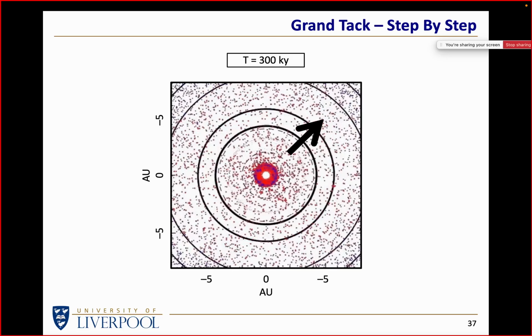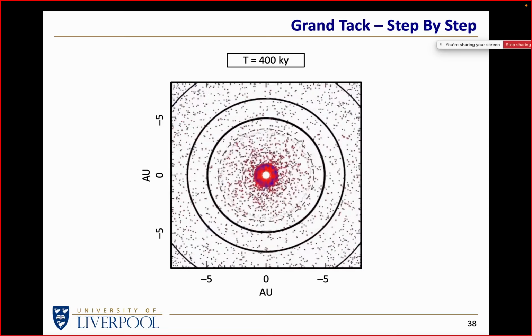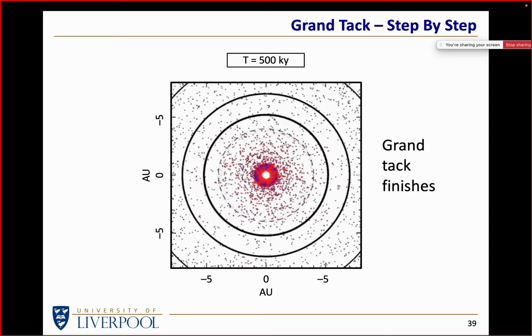And again, start scattering all of the rocks, all of the slightly wetter rocks as well as the dry rocks. All of this material is being scattered for a second time as Jupiter and Saturn move back out into the outer part of the solar system. And at that point, after a few 100,000 years, the grand tack finishes.